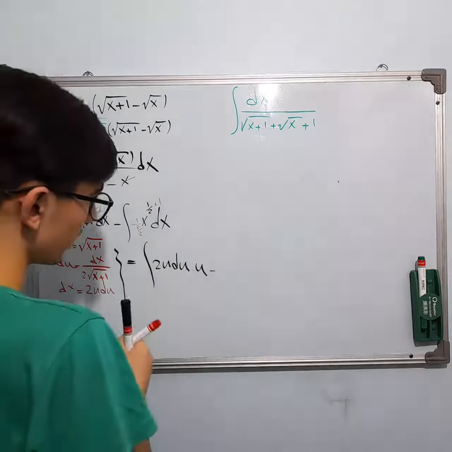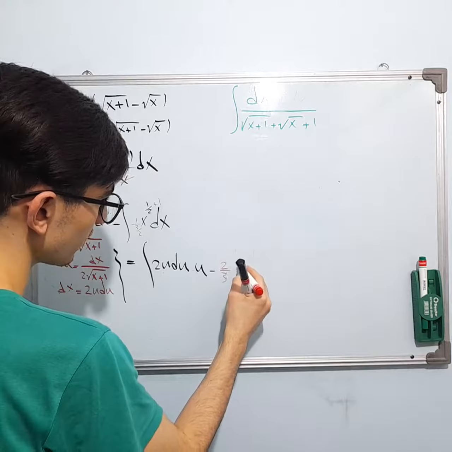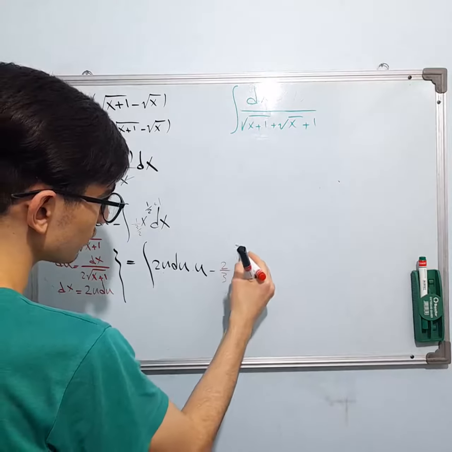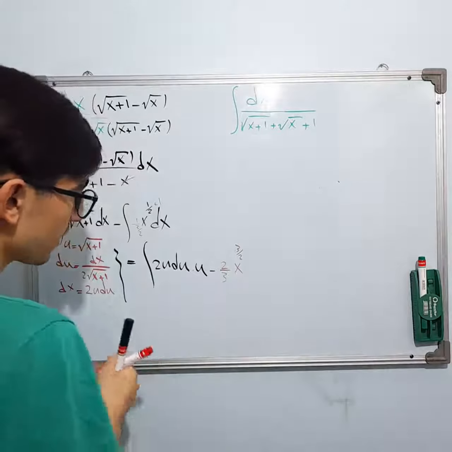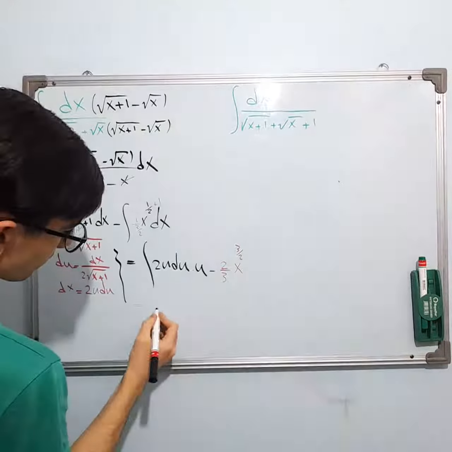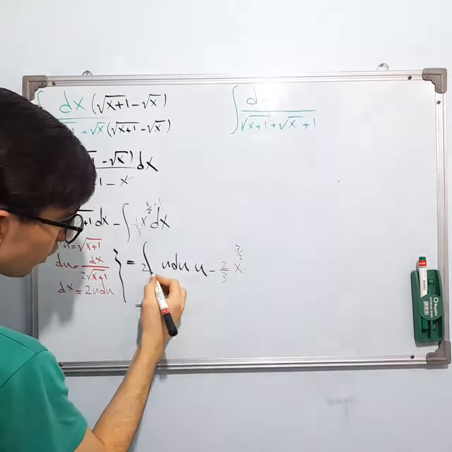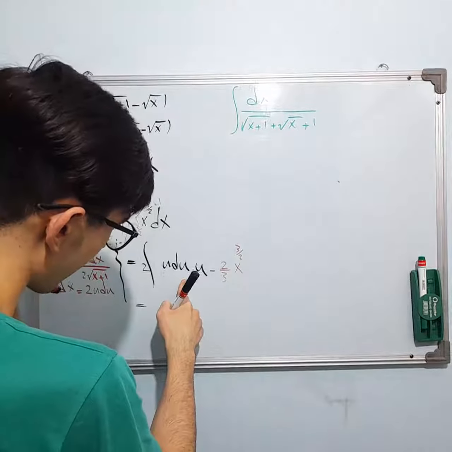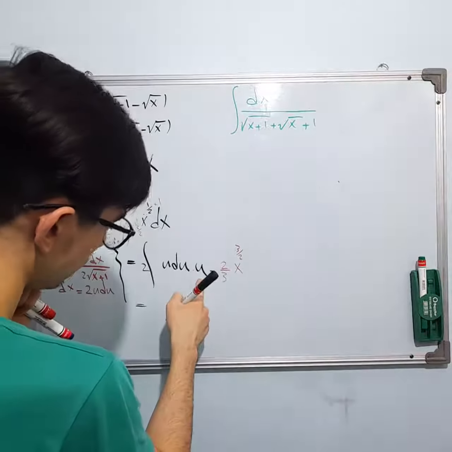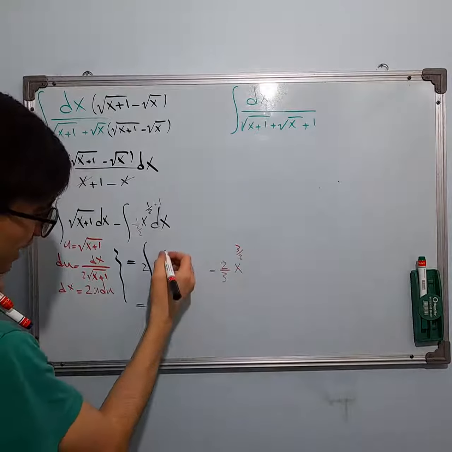So here we have 2 over 3 x to the 3 over 2. If I put 2 behind the integral, here I have u times u du, so I clean it and get u squared.